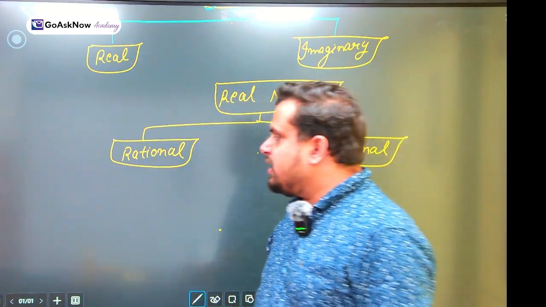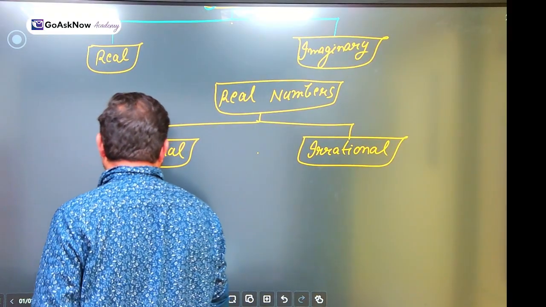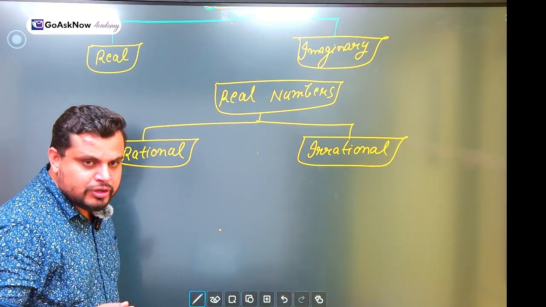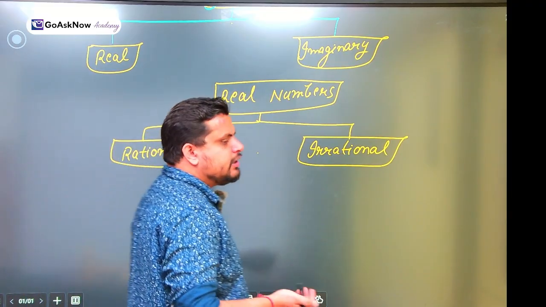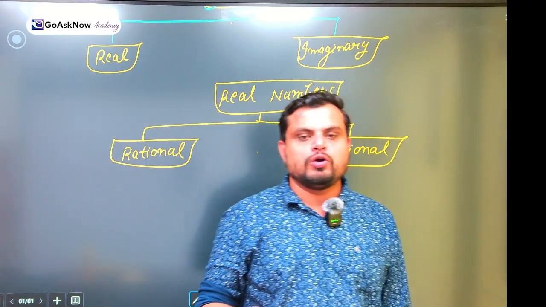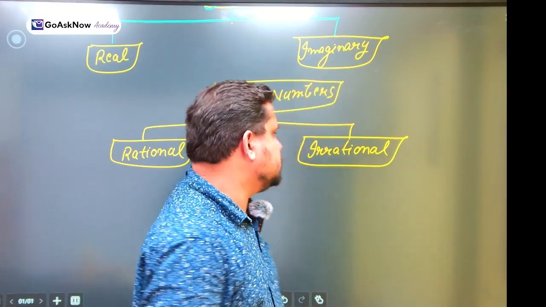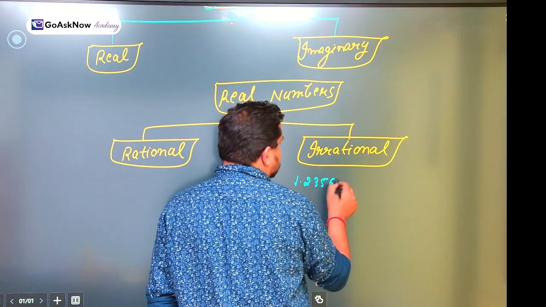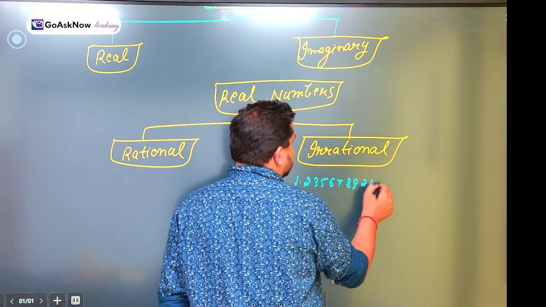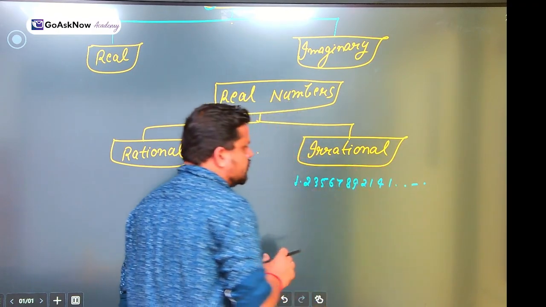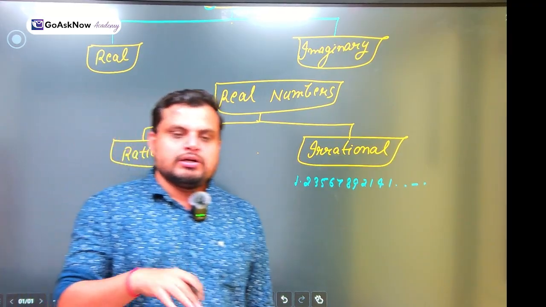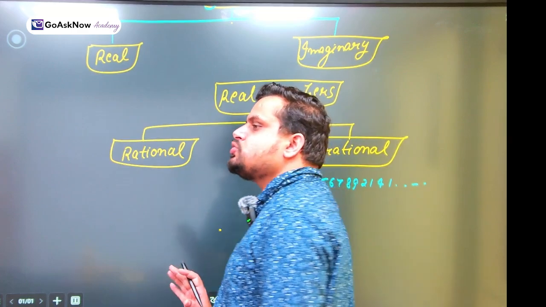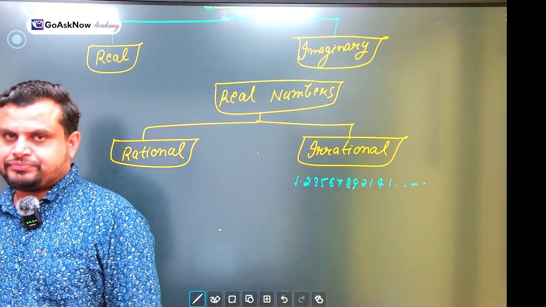Irrational numbers are those numbers which don't terminate after the decimal and don't follow a particular pattern. Suppose I have a number of the type 1.2356789141, something like this. It is not going to terminate after the decimal, and it is also not following any pattern.